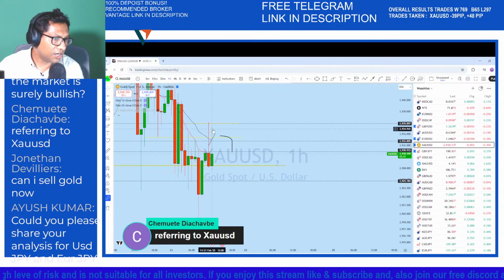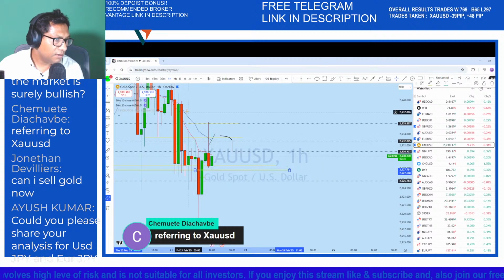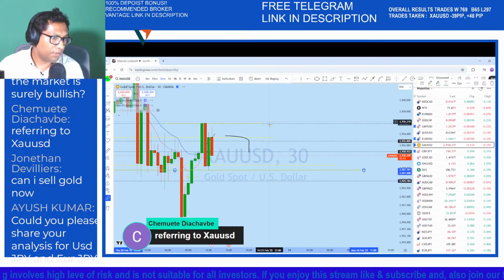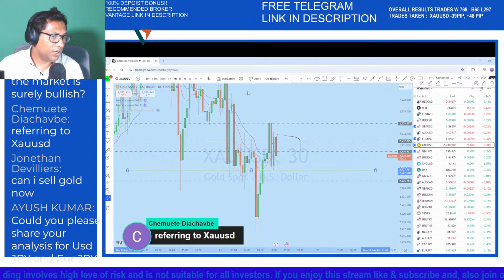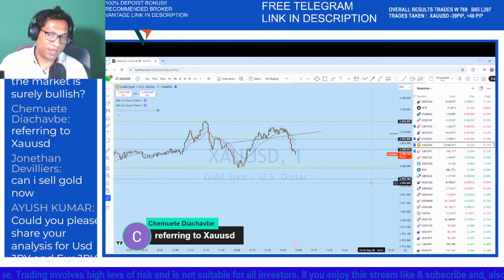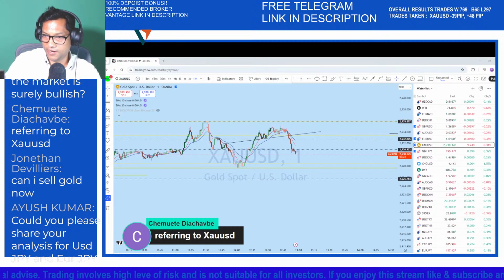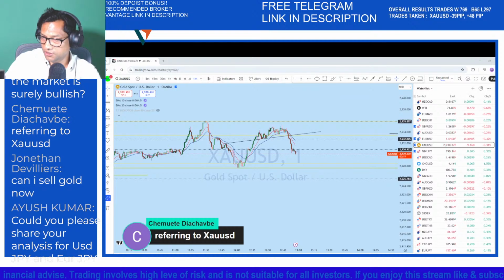On the 1 hour chart, you can see there is a long wick candle, so it may try to break this low potentially, but we will not be selling here at the moment. Let's wait to see how the market potentially forms, and then based on that we will be entering. It's not over yet, there are more opportunities. Stay tuned.